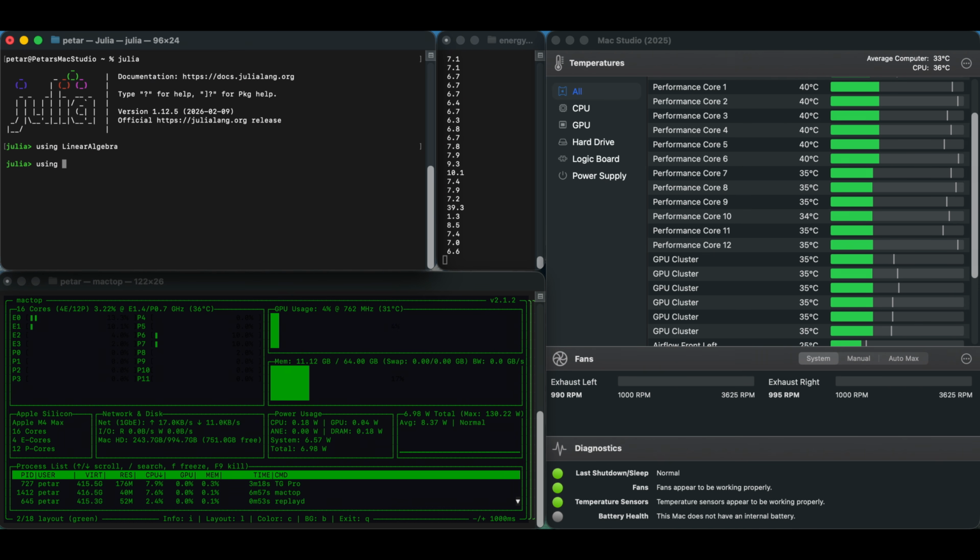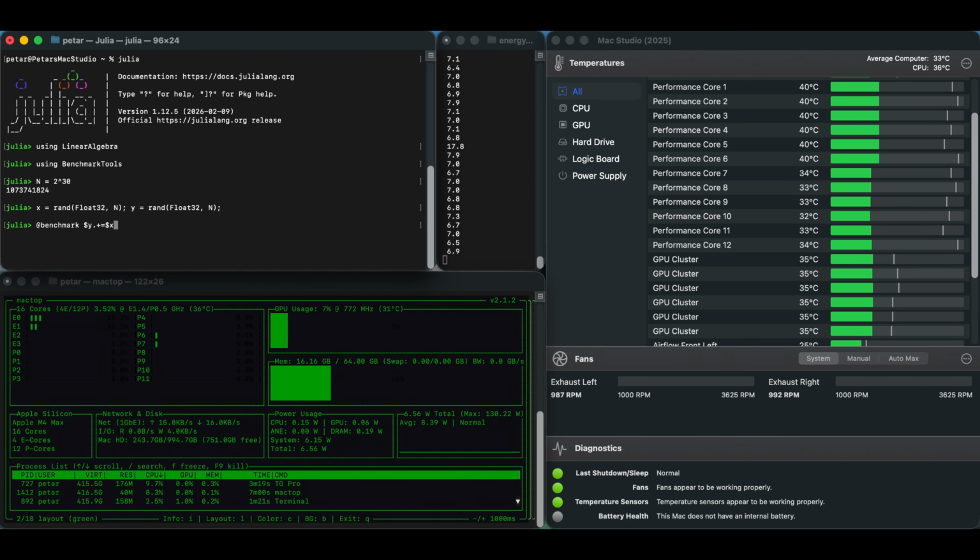BenchmarkTools provides accurate and repeatable timing, which is essential when measuring performance at this level. Next, we define our problem size n equal to 2 to the power of 30 and allocate two very large Float32 vectors x and y. At this size, the data sits entirely in main memory, so we will be measuring true DRAM bandwidth, not cache.